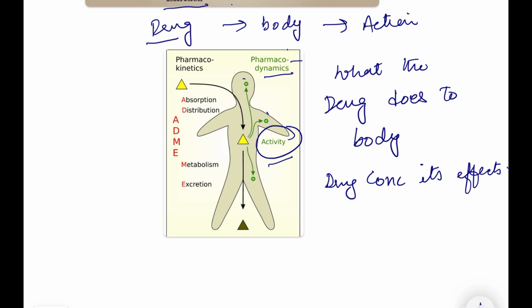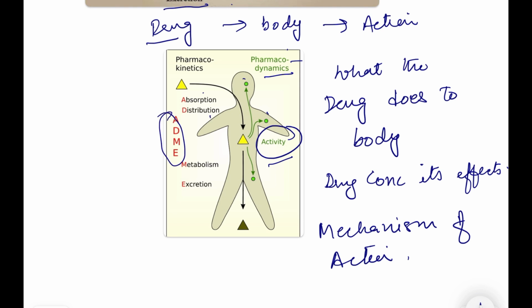In other words, this focuses on the mechanism of action of the drug, or you can say biological response. I have taken one tablet, it got absorbed, distributed, metabolized, excreted. Now how it is going to show the effect in the body.